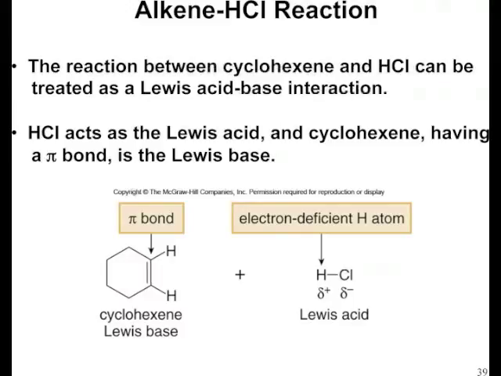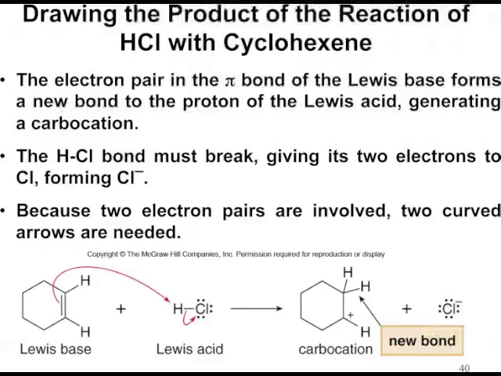For instance, in the alkene HCl reaction, we add HCl to a pi bond, so the pi bond reacts as Lewis base and the proton reacts as Lewis acid because it is 2 electrons short of the noble gas configuration of helium. So we have 2 electrons involved, and the double-headed arrow gets the proton and forms a new bond, and the chloride anion Cl- is left.